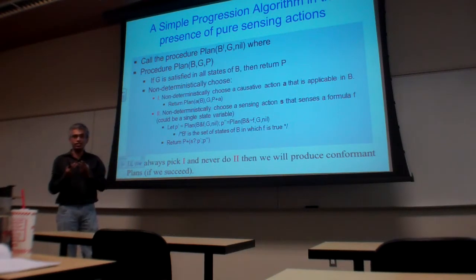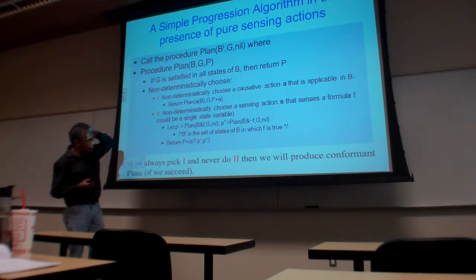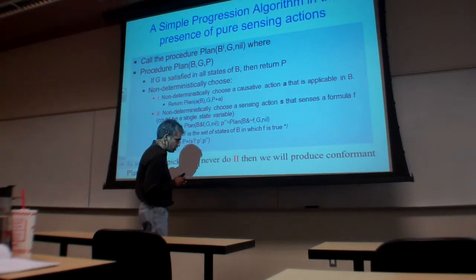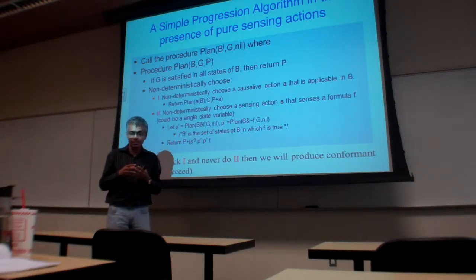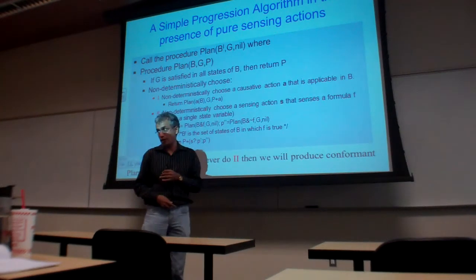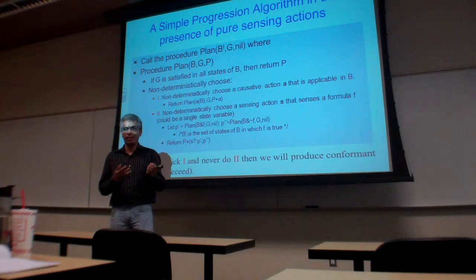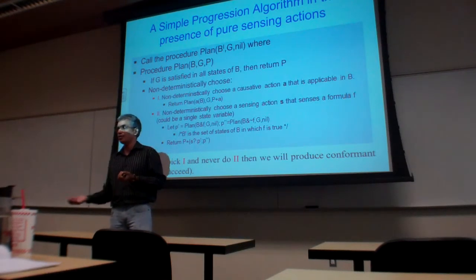If not, then you get to do basically search. And the search has two different parts. First of all, we differentiate between actions that change the world and actions that only sense the world: the observational actions and causative actions. All the actions you have known until now are those that change the world, except the ones we talked about as part of POMDPs, which are observation actions.